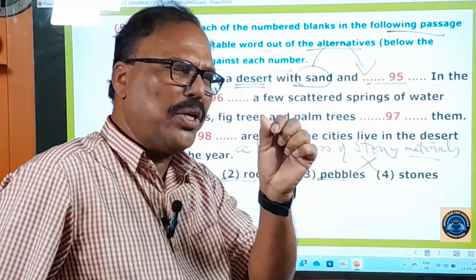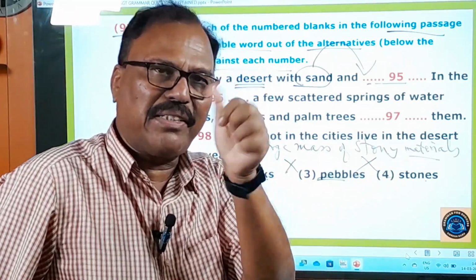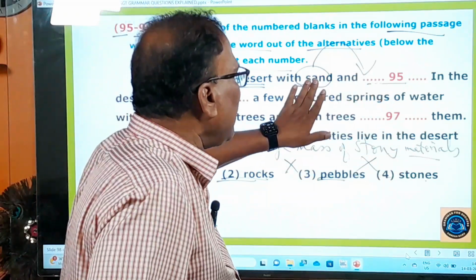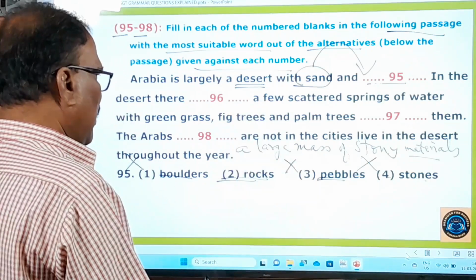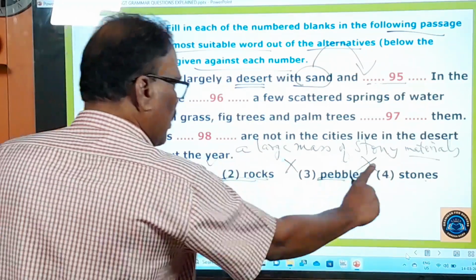All stony material, small granules, gravel-like things you can find in the sand and rocks in the desert. That point is clear. So the second one is the right one, all others are wrong.